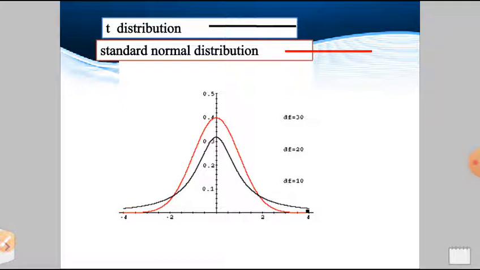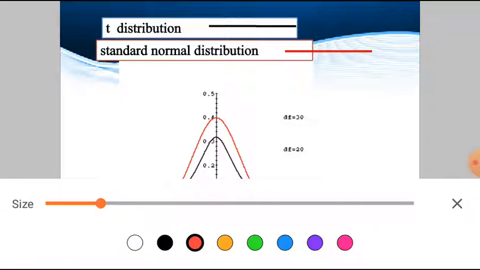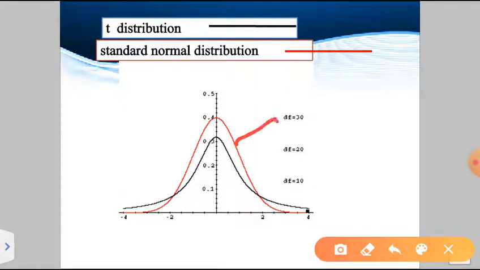Here I have shown you two curves. It is easily visualized: the curve shown in red is the normal distribution curve, which is a bell-shaped curve, this one. And the inner one, marked in black, is the t-distribution curve. Here you can see the tails are heavier compared to the normal distribution.